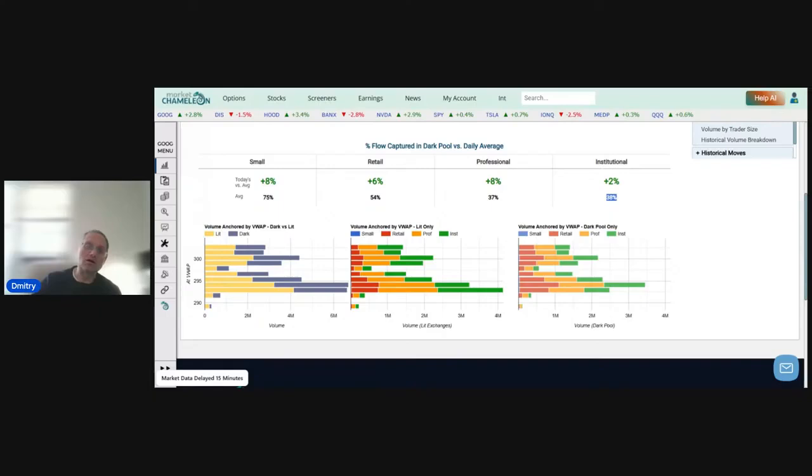Or if we see a big yellow line and not a proportional dark pool, that would mean that at that level, the dark pools faded their liquidity, and the order flow was forced to go to the lit exchange. So you found a pocket where, even in a dark pool, something happened. They just faded their liquidity. It wasn't being executed proportionally with the rest of the volume. Okay, so I think I'm going to stop there.